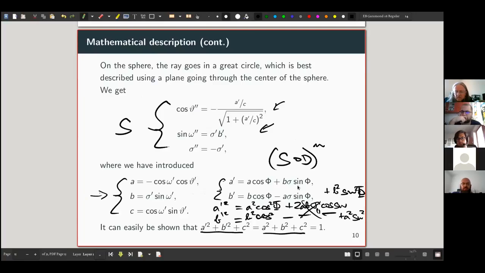So I'm not sure if the theory that you are describing wouldn't do just the same thing for us. Yeah, it would, but maybe the difficulty you are facing is just the choice of coordinates.